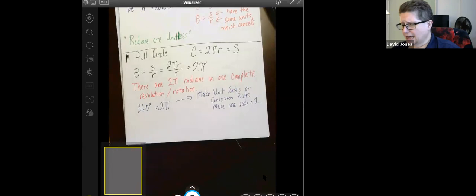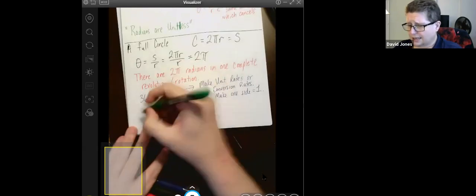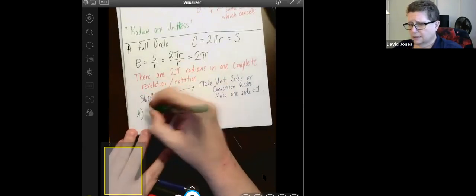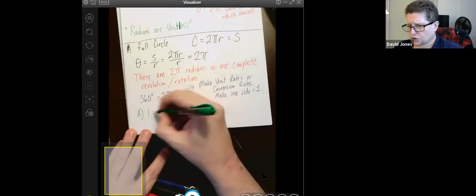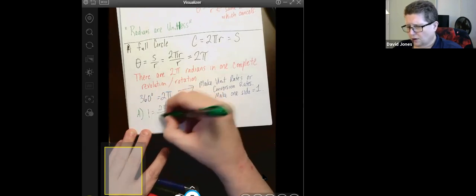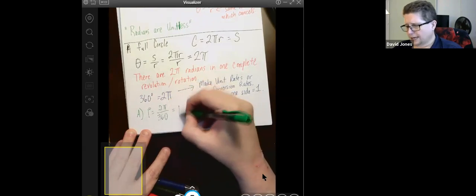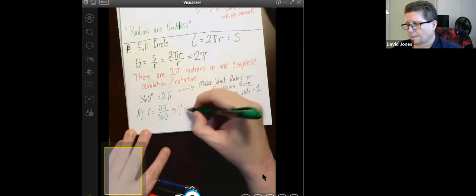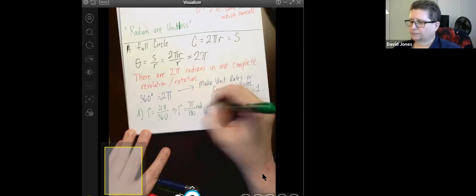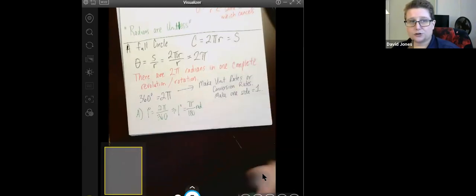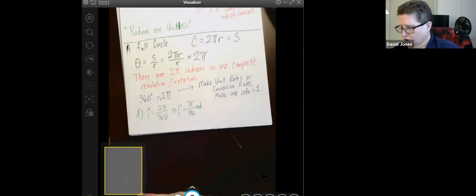So option A, if I divide by 360 degrees, I get 1 degree equals 2 pi over 360, or 1 degree equals pi over 180 radians. I'm writing the radians so you know what I'm talking about. In the future, I won't.